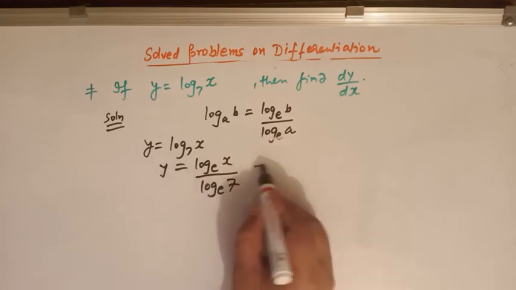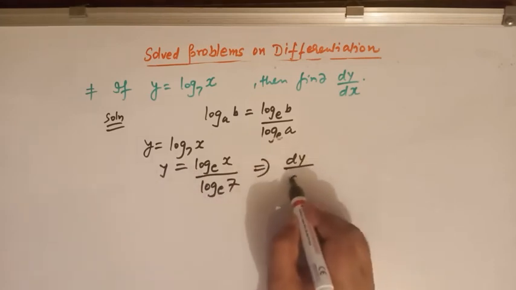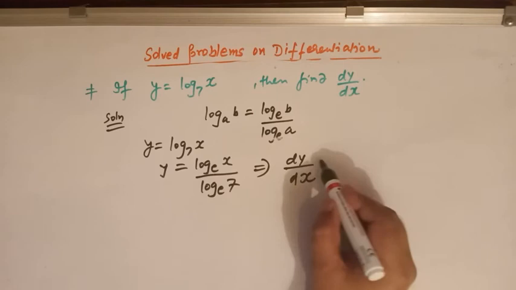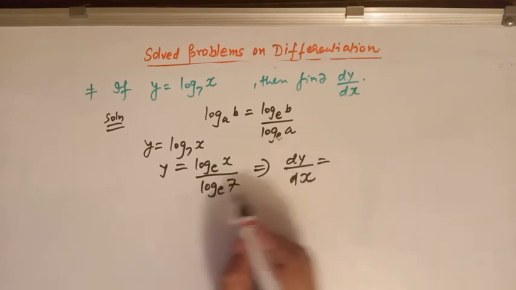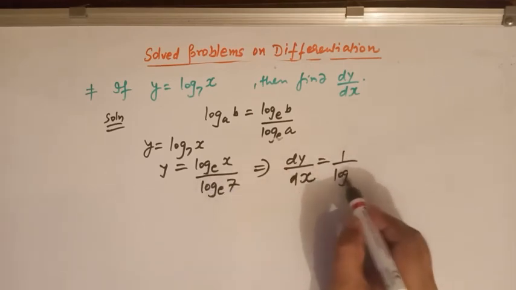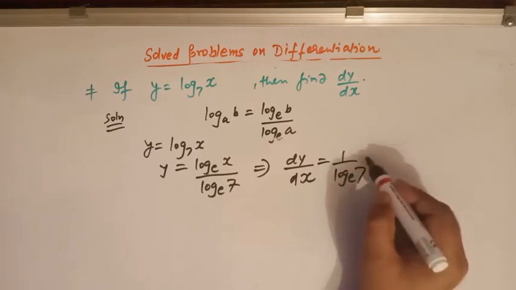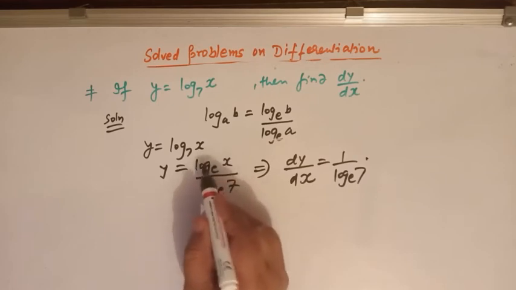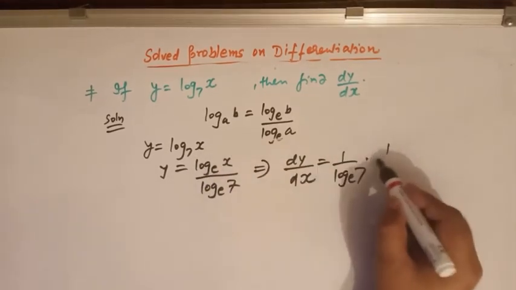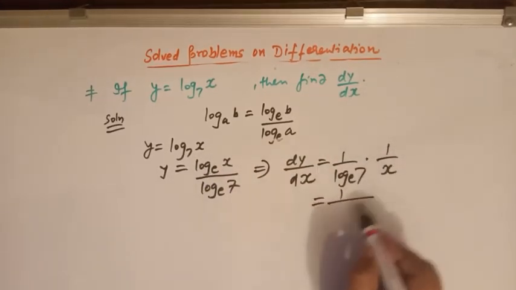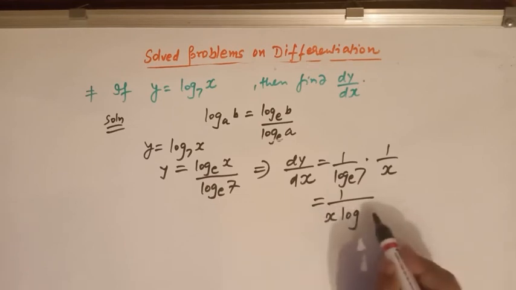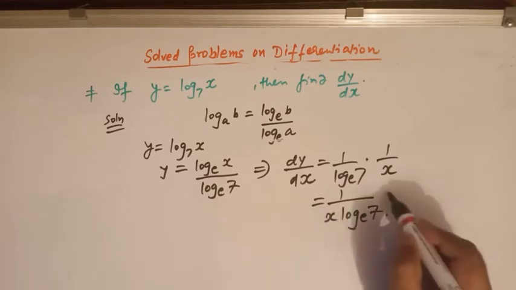Now we differentiate both sides, so dy over dx is equal to this: log e of 7 is a constant, so we have 1 over log e of 7 multiplied by the derivative of log e of x, which is simply 1 over x. So our final answer is 1 over x log e of 7. Clear?